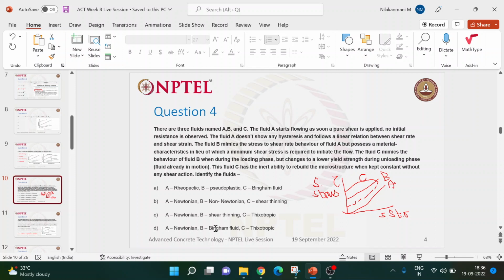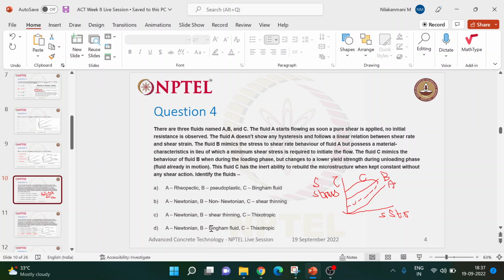Or with the options 'not a vegetable' and 'fruit', what will you pick? Obviously, fruit. Not a vegetable is also a right answer, and non-Newtonian is also right, but the most appropriate one will be option D. So you have to pick option D.